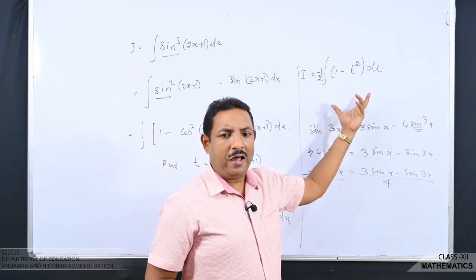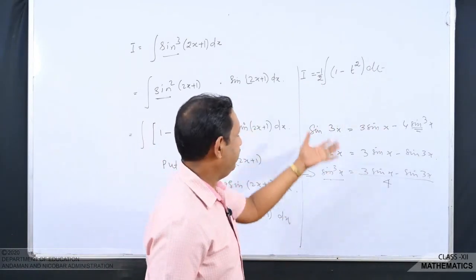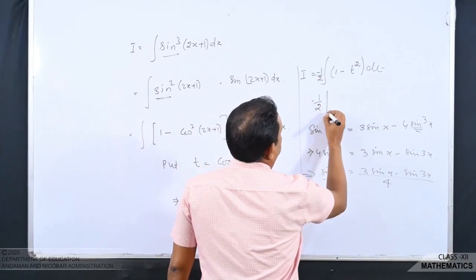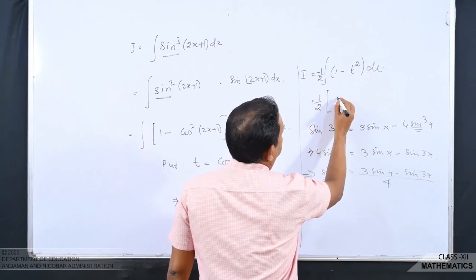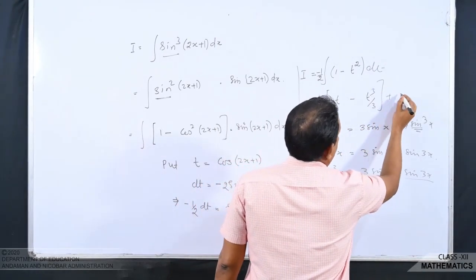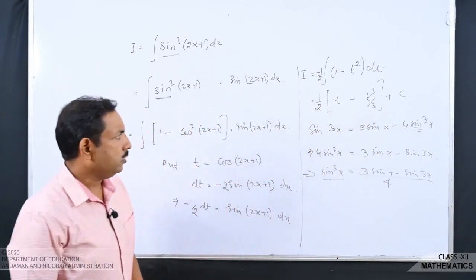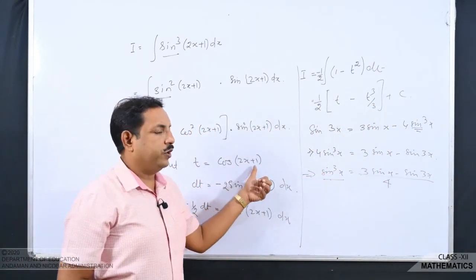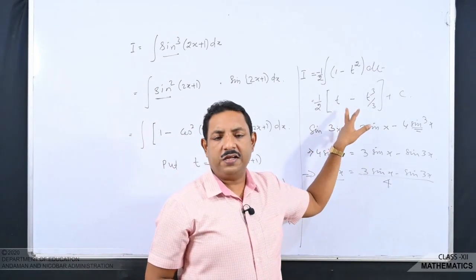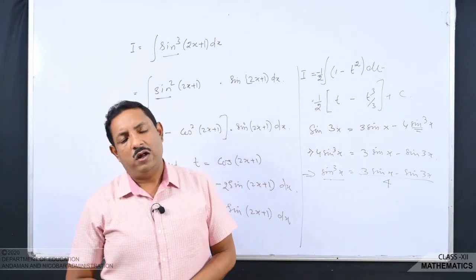That is a simple one. I think you can do it on your own. That means 1 by 2 stays as it is, and after doing integration you get simply t, and here t cube by 3, and plus c. Now replace your t by cos (2x plus 1), and after replacing, that will be your answer.